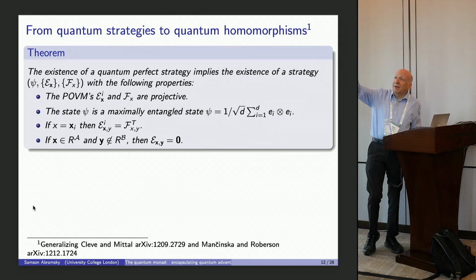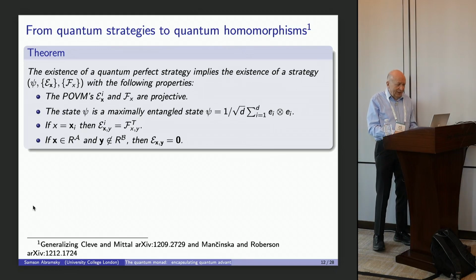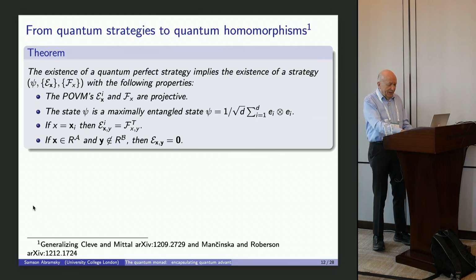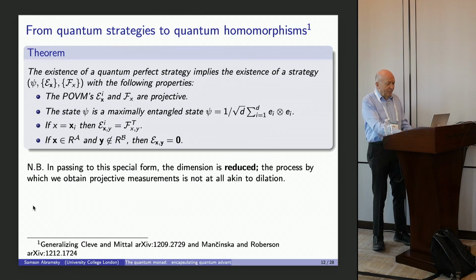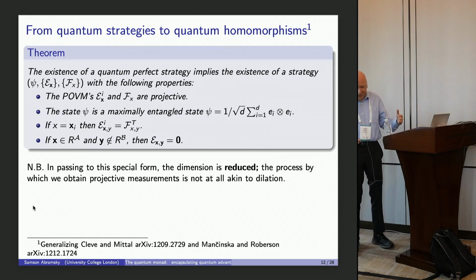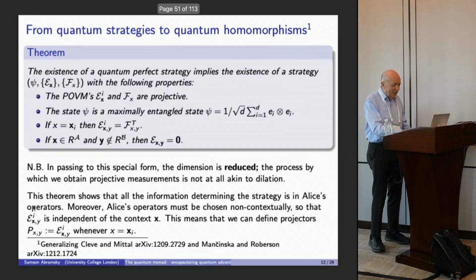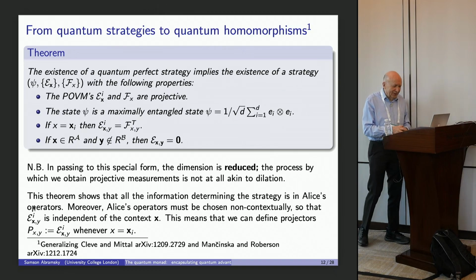The POVMs can be taken to be projective, and the measurements used by Alice and Bob turn out to be directly related. And by the way, this is not a matter of going from POVMs to projective measurements by dilation, because we're actually reducing the dimension when we perform these transformations. It's a different thing, on a technical note.